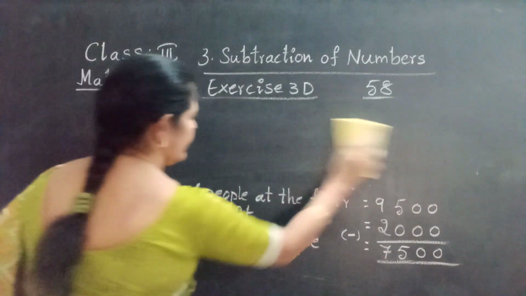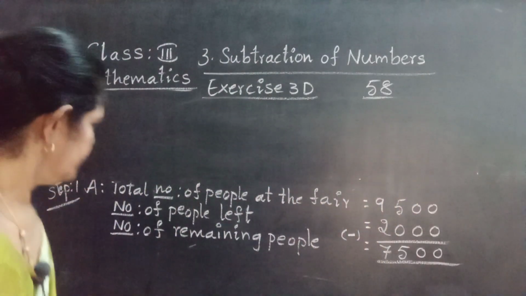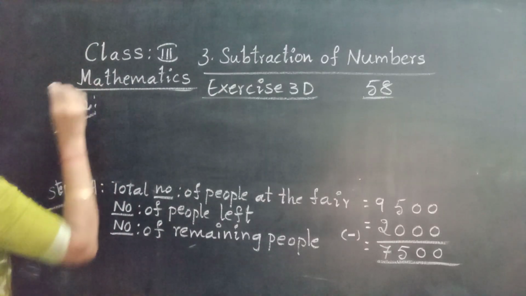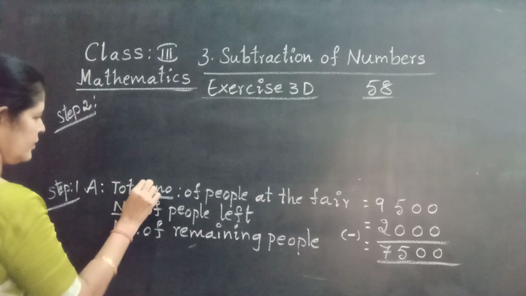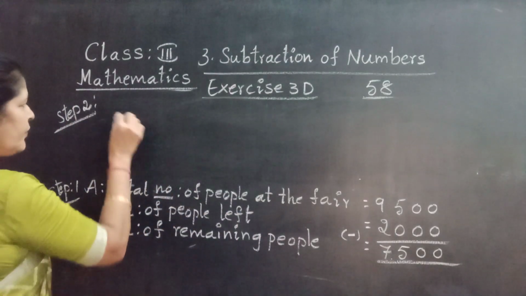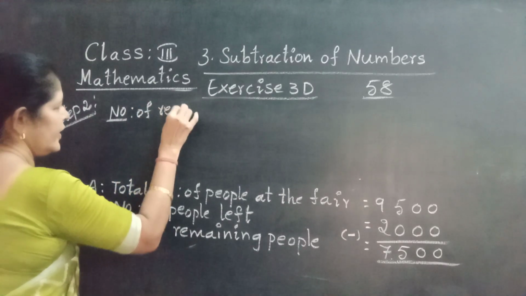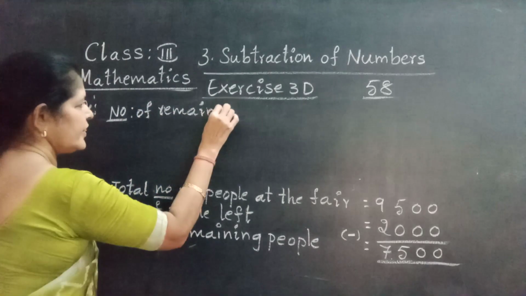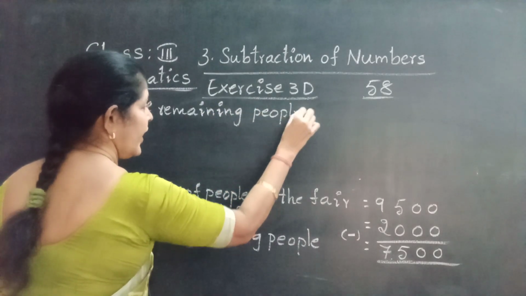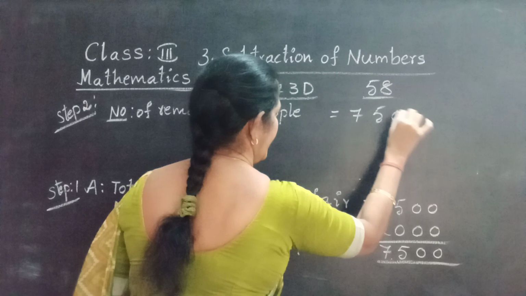You continue, Nana, in the same page. Step 2. In step 2, see, take this remaining people. Number of remaining people at the fair. How many? 7,500.